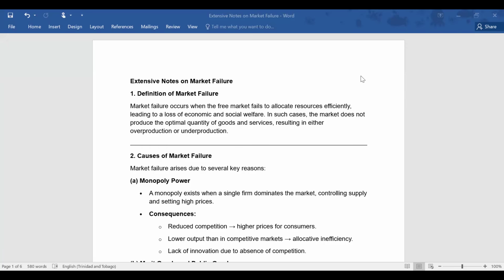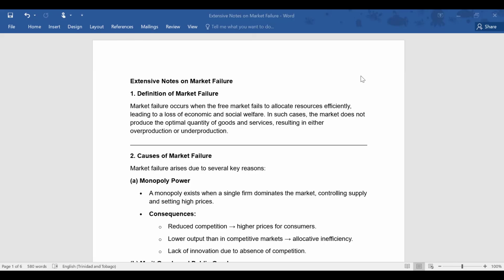So we want to allocate resources as efficiently as possible. When we are unable to do that, that is what is called market failure, because we're failing to do what we set out to do in economics in the first place, right? Use our limited resources to satisfy our unlimited wants as efficiently as possible.